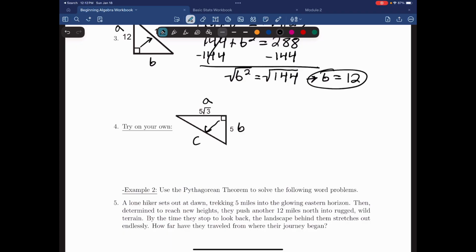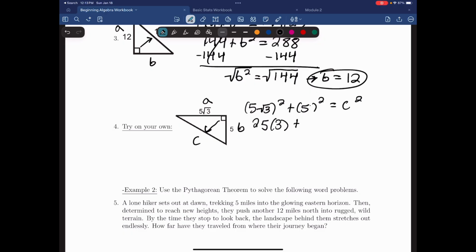So we said A is 5 root 3, so I'm going to say 5 root 3 squared plus 5 squared equals C squared. Well, 5 root 3 squared means we're going to do 5 squared times the square root of 3 squared. So 5 squared, that's 25. And the square root of 3 squared, the square and that square root cancel, so we get times 3.